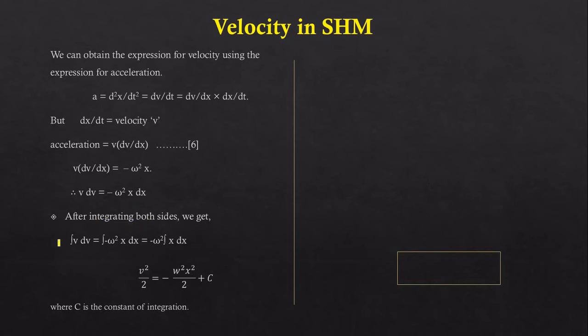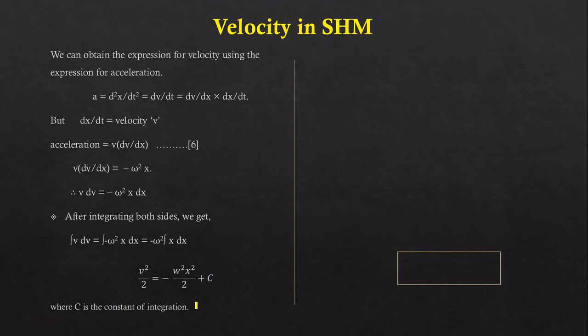After integrating both sides, integration of v dv is equal to integration of minus omega square x dx. Now we all know the integration part: integration of v is v square by 2, and integration of x is x square by 2, so minus omega square x square by 2 plus c.